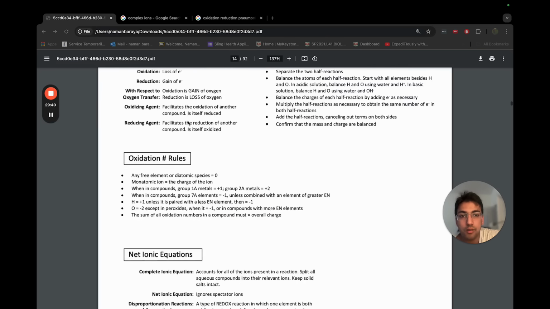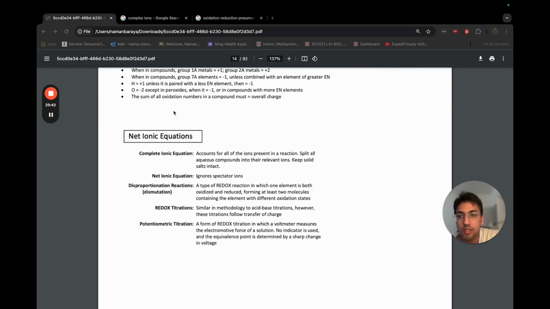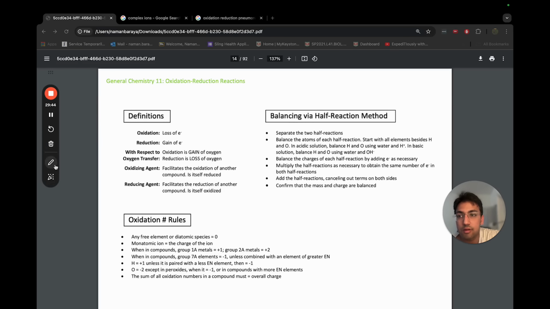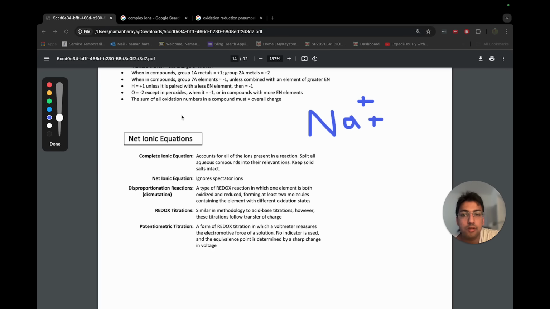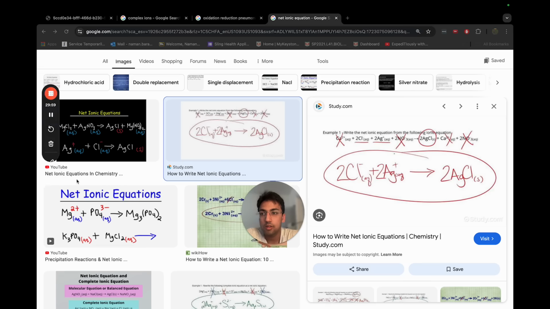Okay, now we're on net ionic equations. Actually, let's do net ionic equations. So let's say I had some spectator ions, like Na plus. Let me show you an example. So this is an example of how we find the complete ionic equation and the net equation.